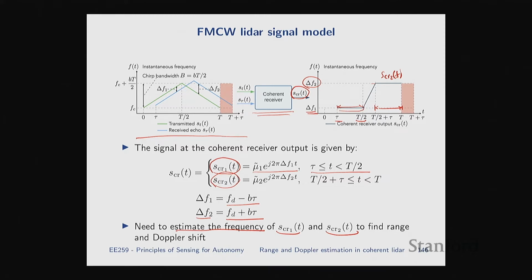The first half is called SCR1, the second half we call SCR2. So we break it into two shorter time series signals. But the point is, if we estimate the instantaneous frequency of these two, we get delta f1 and delta f2, and then with very simple algebra, we can get the Doppler shift and the round trip delay, or the range.